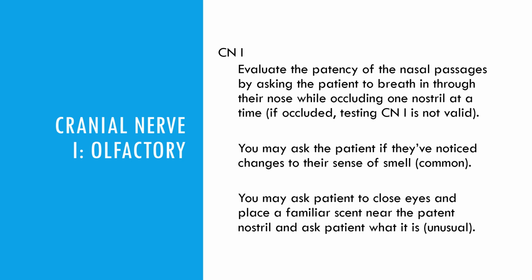As far as I go in assessing cranial nerve 1, and it is of importance, particularly in the era of COVID, is to ask people if they've noticed any unusual problems with their sense of smell, or changes to their sense of smell. If you then wanted to assess more carefully, you would ask them to close their eyes, occlude one nostril, and then put a familiar smell near the other nostril and ask the patient to identify it. And obviously do both nostrils, maybe with different smells.